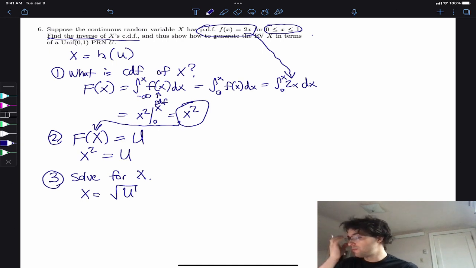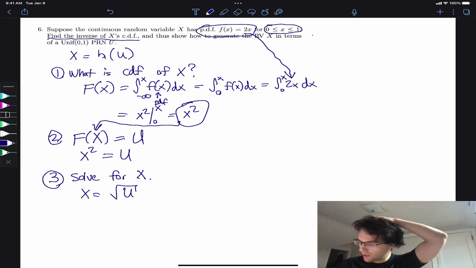If x could be negative, then we would have had to tread a little bit more carefully in this process and possibly take both the positive and the negative square root in some fashion. But in this case, because x can only be positive, because x is between 0 and 1, this is okay. And so this is our answer.